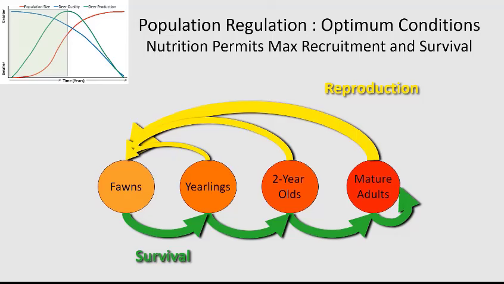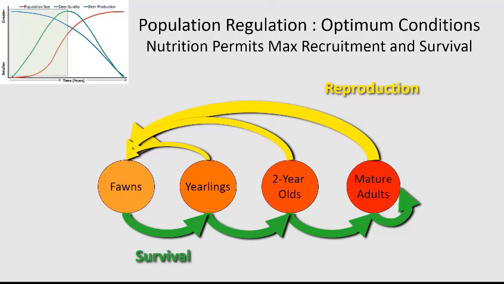If you look at that top left-hand corner, you'll see those three lines that we started with a while back. And what I'm describing in this slide is basically that first half of the left-hand side of those lines where we have optimum conditions. We do not have a very dense deer population yet. We still have very high quality, and the population is growing at a very rapid rate because of the high health of the population.